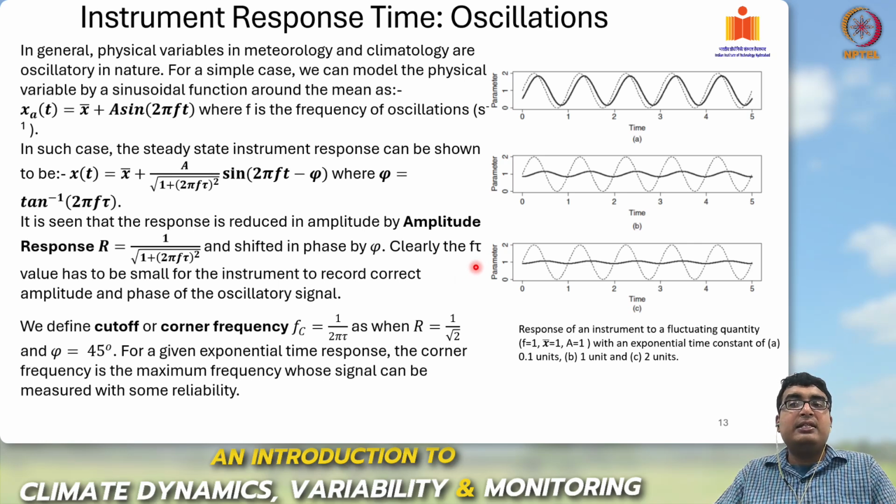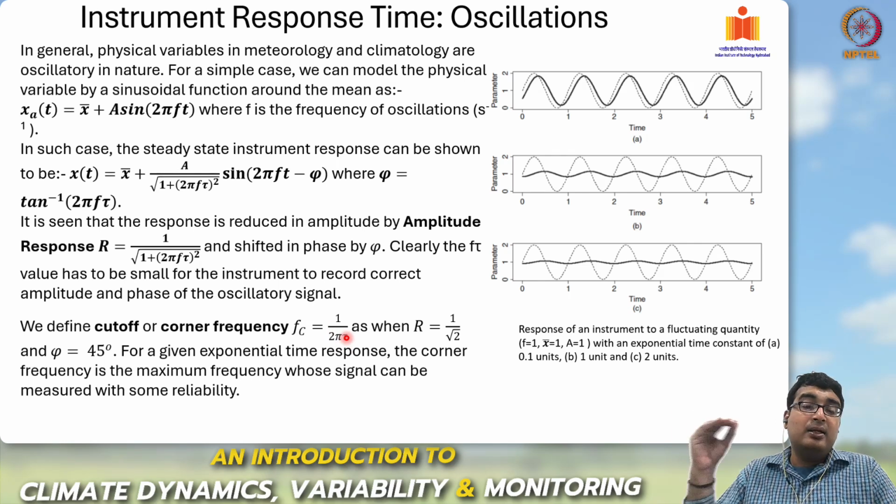In fact, we can define something called a cutoff or corner frequency, which is given by fc as 1 by 2 pi tau. Remember, tau is in seconds, so the units are second inverse. So corner frequency fc is given by 1 by 2 pi tau.